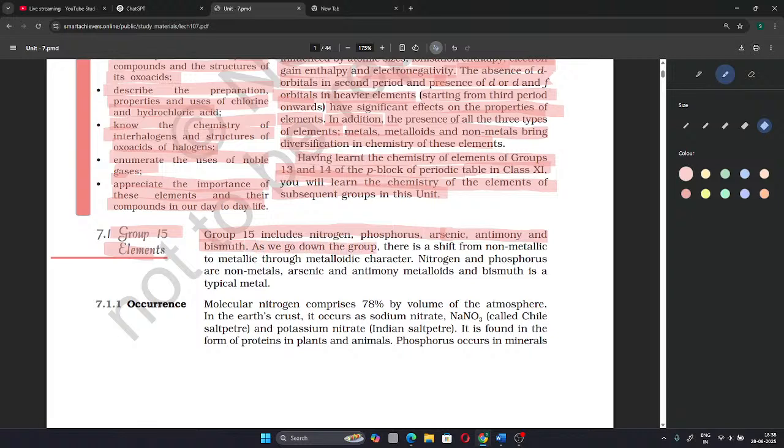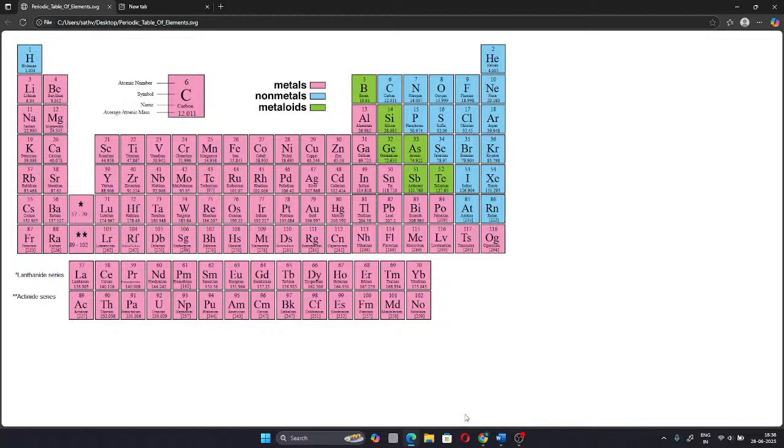As we go down the group, there is a shift from non-metallic to metallic through metalloidic character. Nitrogen is a non-metal, phosphorus is a non-metal, arsenic and antimony are metalloids, whereas bismuth is completely metal.